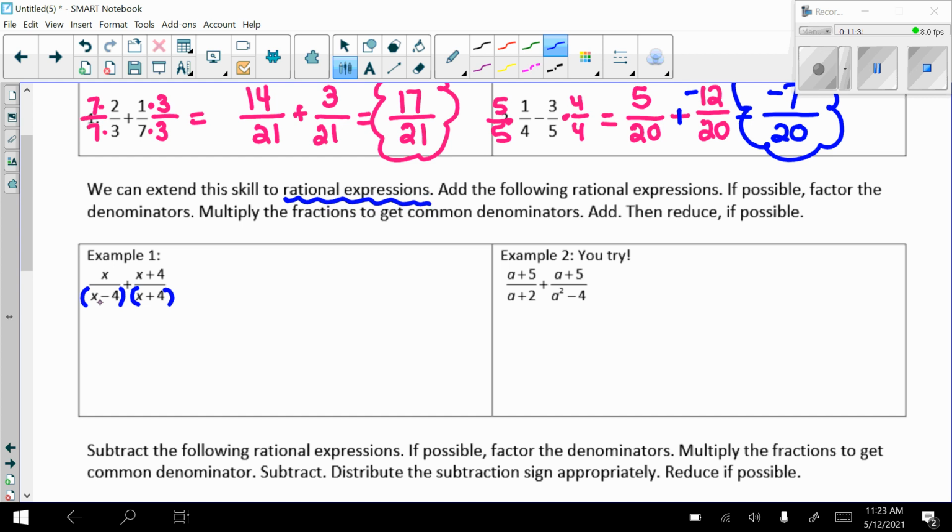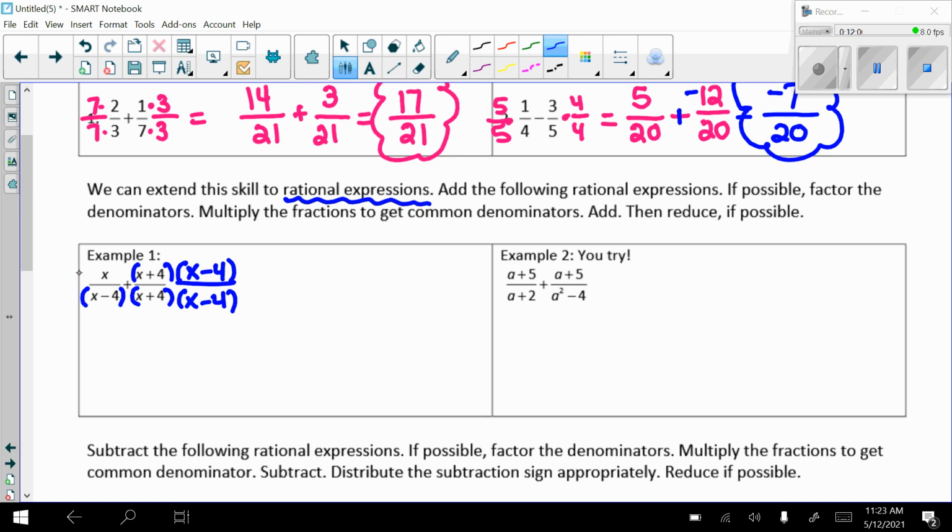This denominator has x minus 4. The second denominator does not. So what we're going to do is multiply this by x minus 4 over x minus 4. The first fraction has x minus 4, but it needs the x plus 4.